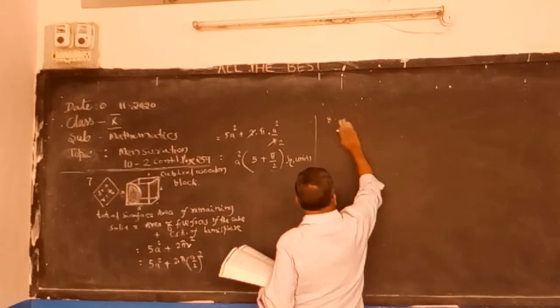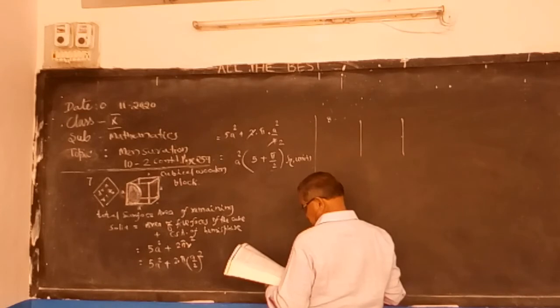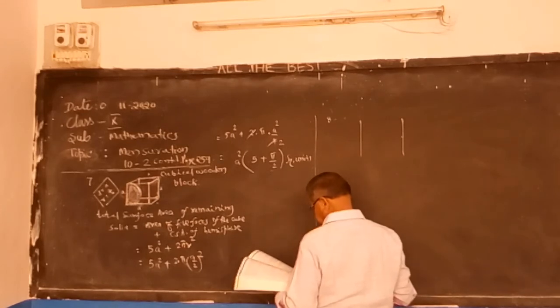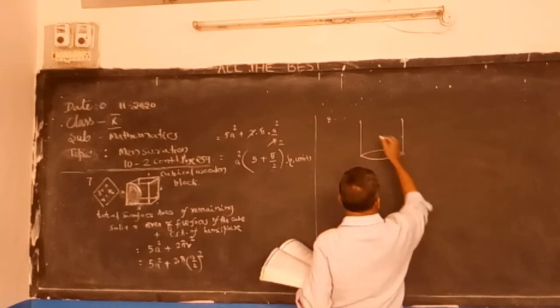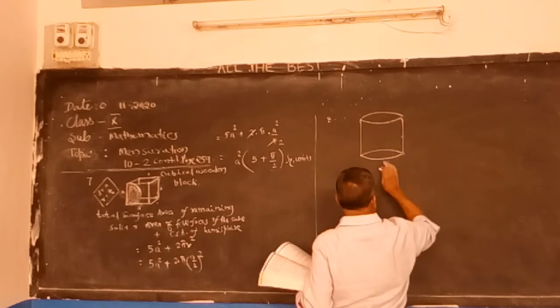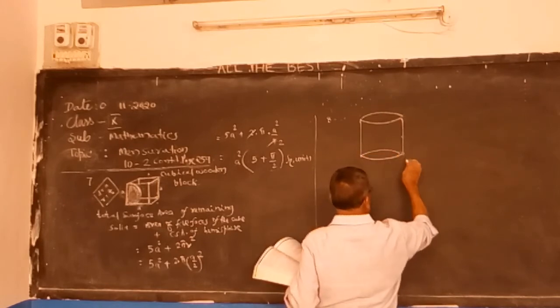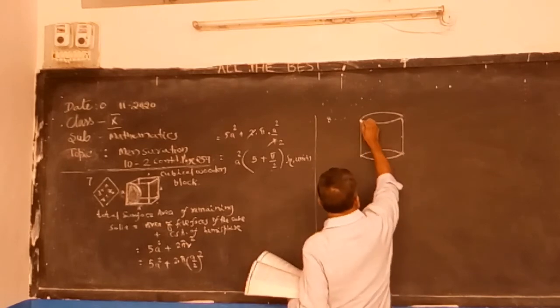This is the eighth question. From a cylindrical box, two hemispheres are removed.